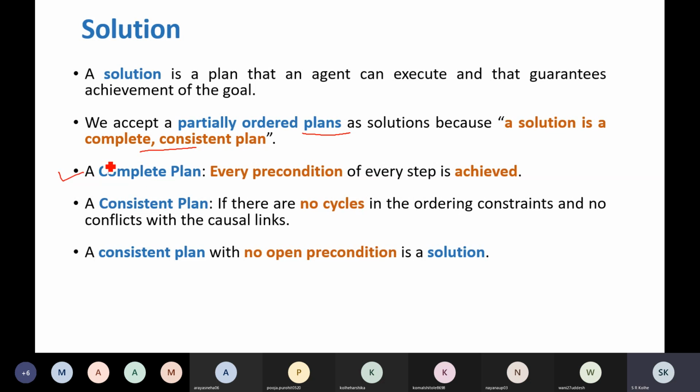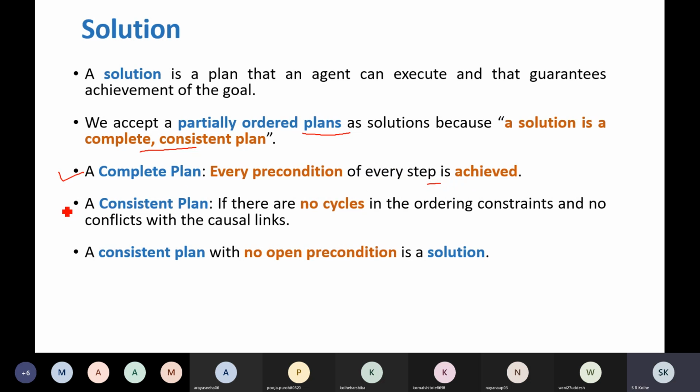A complete plan is a plan where every precondition of every step is achieved. Because to perform any step, first you should satisfy its precondition. Then you will get a result. So in a complete plan, every precondition of every step will be achieved.